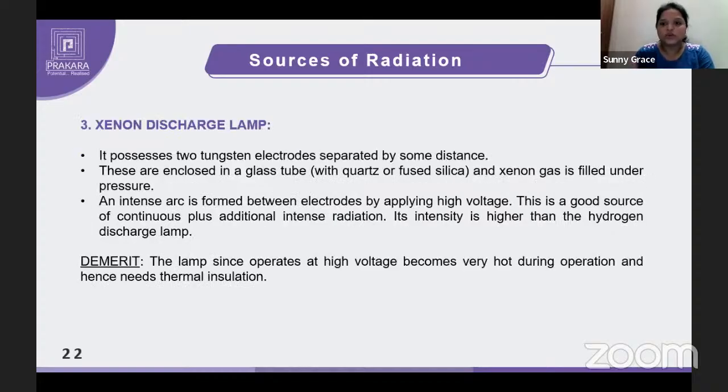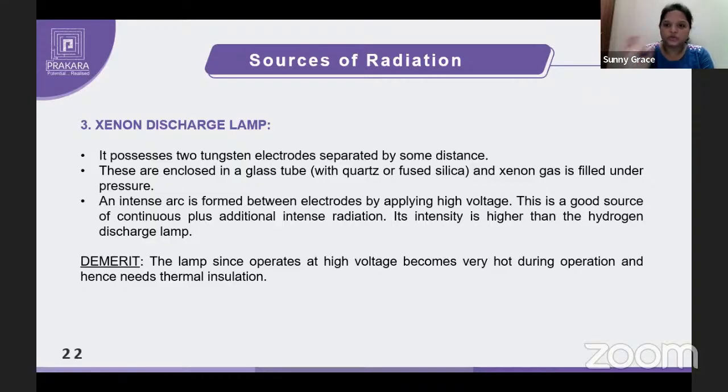Next one is the xenon discharge lamp. In the xenon discharge lamp, we have two tungsten electrodes separated by some distance. These are also enclosed in a glass tube filled with xenon gas under pressure. Whenever a voltage is applied, an intense arc is generated between the two electrodes.